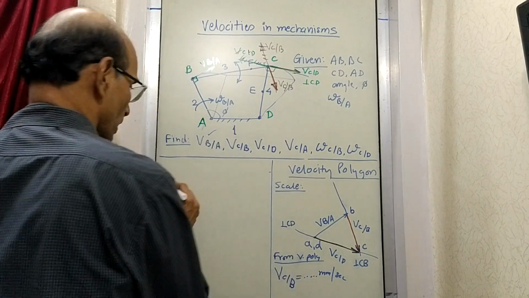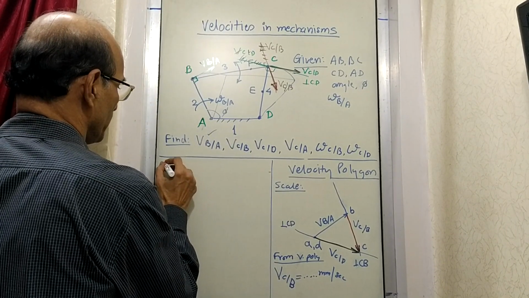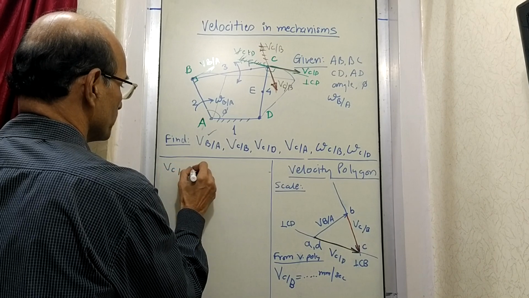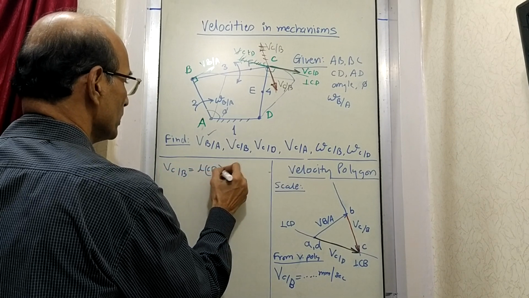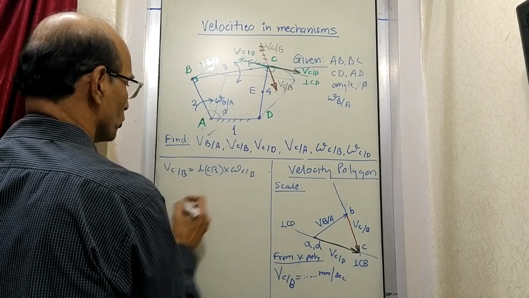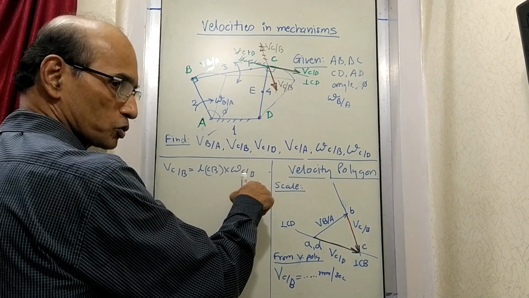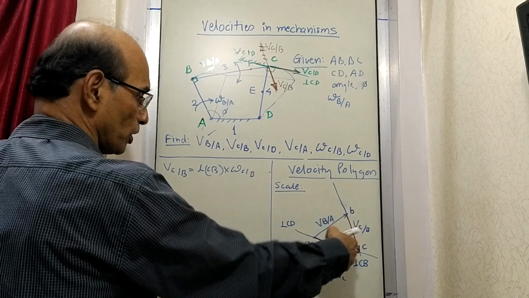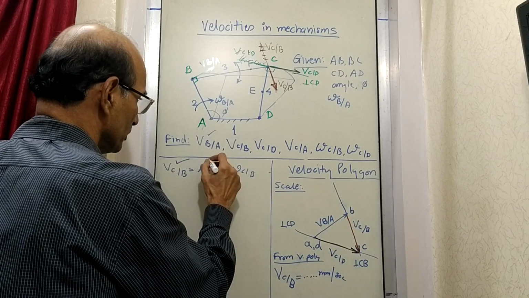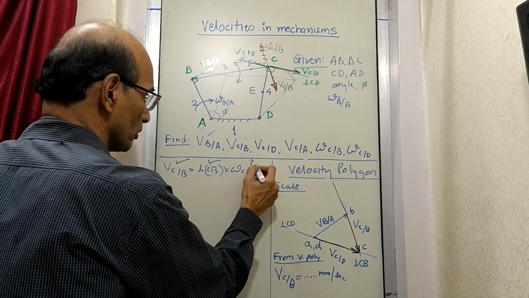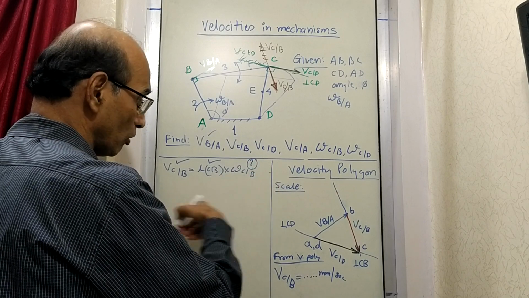So we were asked, if you remember earlier what we had written, velocity of C with respect to B is length CB into omega of C with respect to B. Now out of that, see, last time this was not known, therefore we could not solve. But now we have solved this by polygon and we have directly got this answer. This was already there with us. So the thing which was not known earlier now has become available.